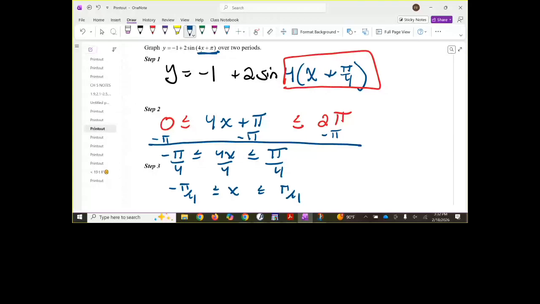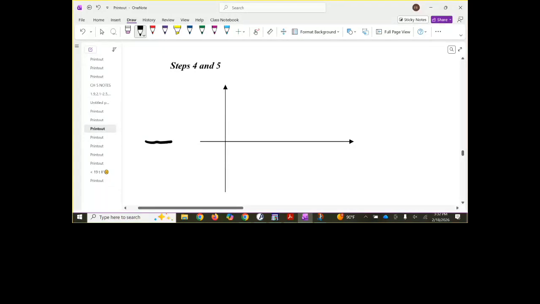We're going to make it bigger so that it looks nice and neat. Okay. I'm going to go right here. Negative pi over 4 and about halfway that way. That looks about right. Pi over 4. Okay, we're going to find our key x values. Guys, what would be the number in the middle? 0.